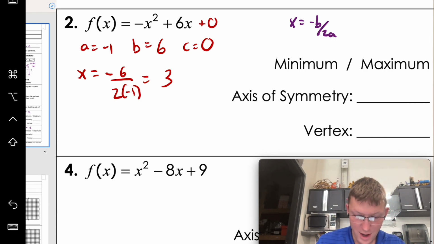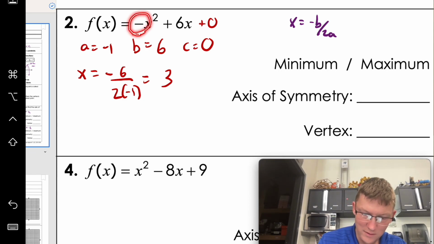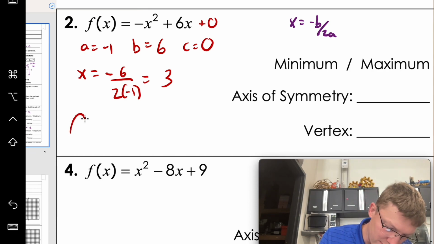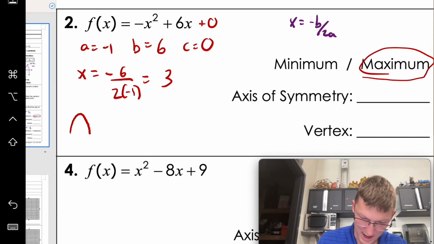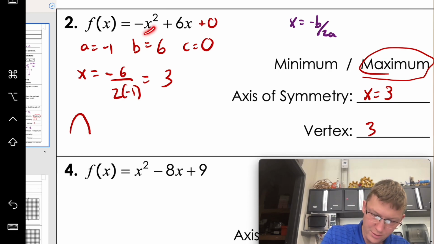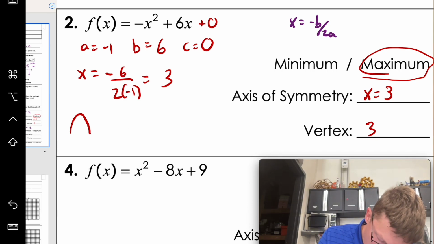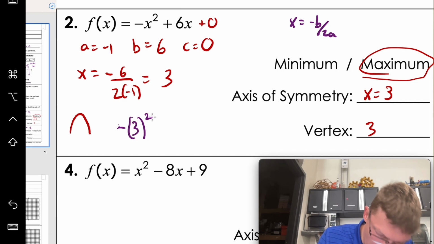And then from there, looking at my equation, that negative sign means that it is a graph that looks like this. That means that we're going to have a maximum, and my axis of symmetry is x equals 3. So then for my vertex, my x value is going to be 3, and we're going to plug 3 back into this equation. So when we do that, we've got -(3) squared. Notice how I use my parentheses there.